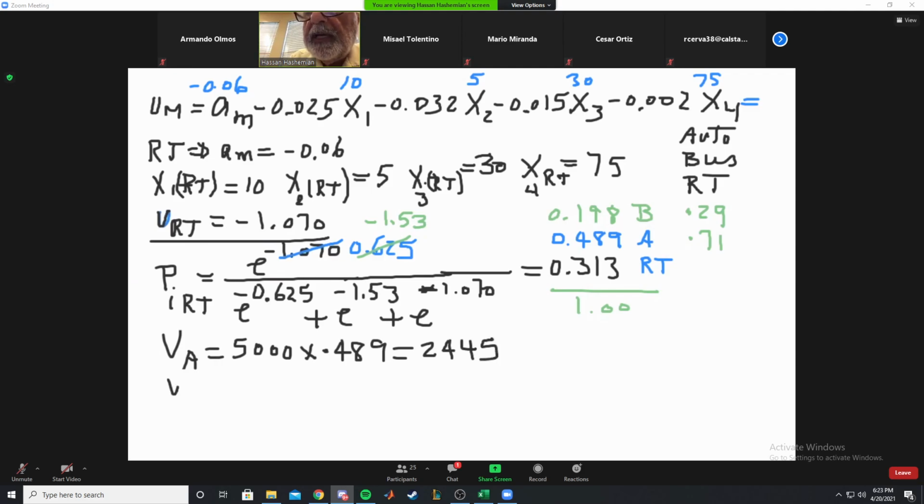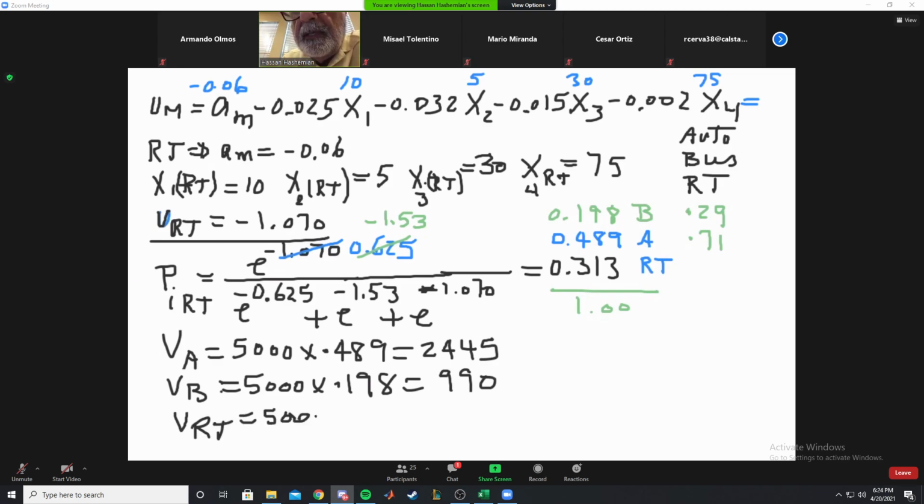So the volume by bus will be 5,000 times 0.198. And that gives you the number of people who are using bus, 990. And the number using rapid transit would be 5,000 times 0.313.